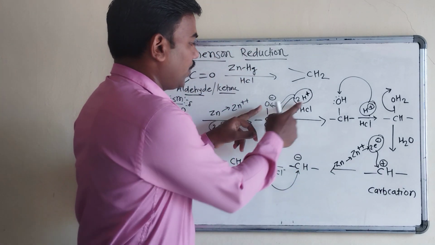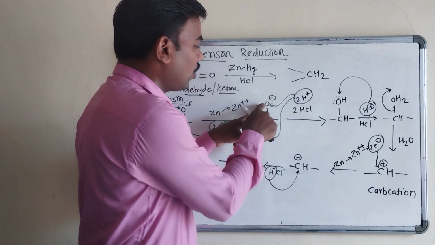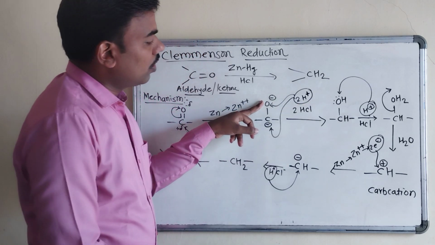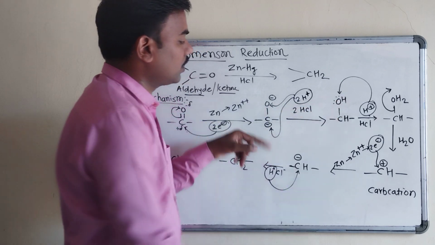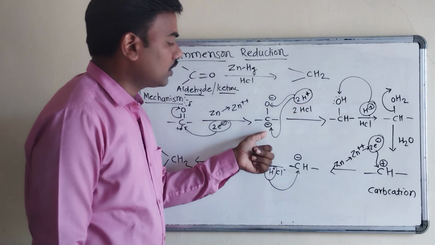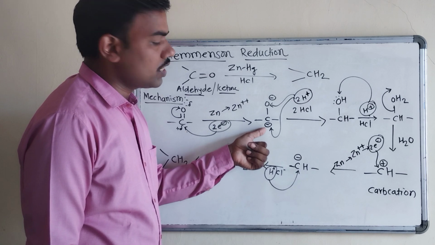So here इन दोनों को मिला दो, H plus and O minus, it will form OH, and one H moves towards this carbon.